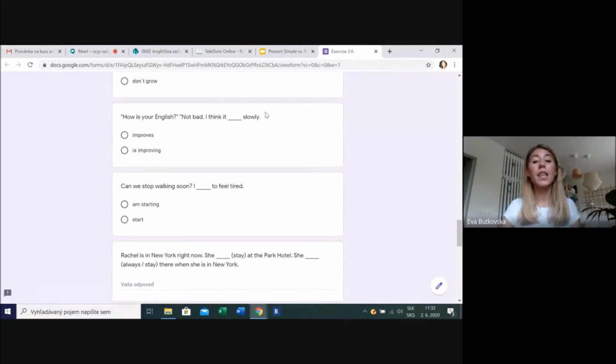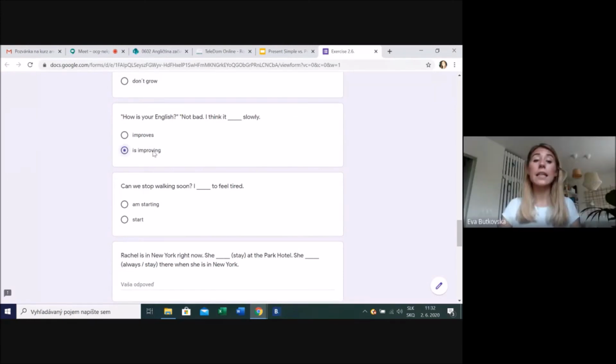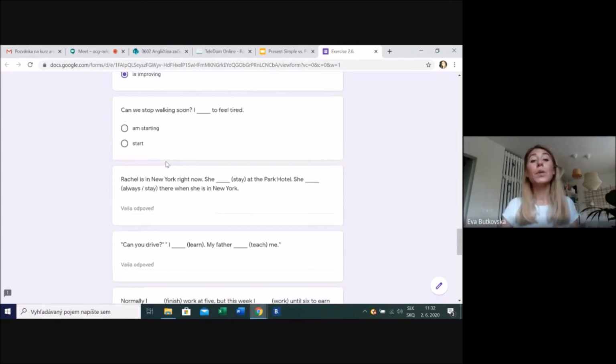Not bad. I think it is improving slowly. So it improves slowly or it is improving. It is. Very good. It is improving slowly because the change is happening over time. Good. Can we stop walking soon? I'm starting to feel tired.